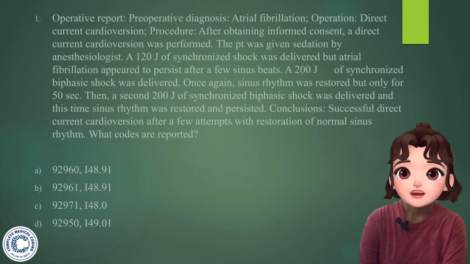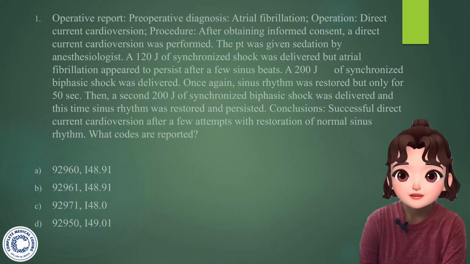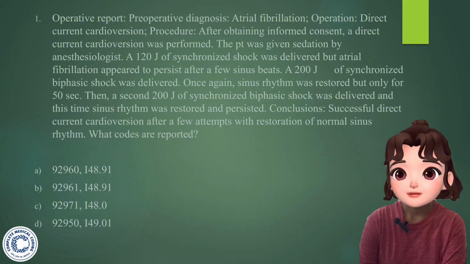Procedure. After obtaining informed consent, a direct current cardioversion was performed. The patient was given sedation by an anesthesiologist. A 120 joule synchronized shock was delivered, but atrial fibrillation appeared to persist after a few sinus beats. A 200 joule synchronized biphasic shock was delivered.